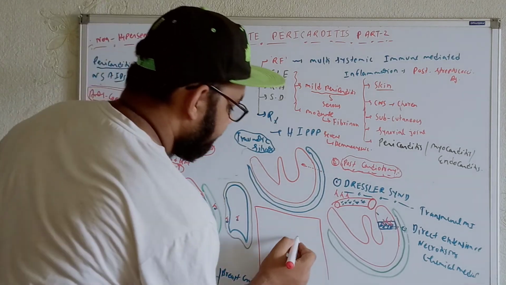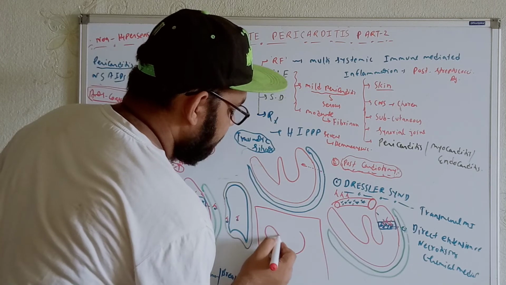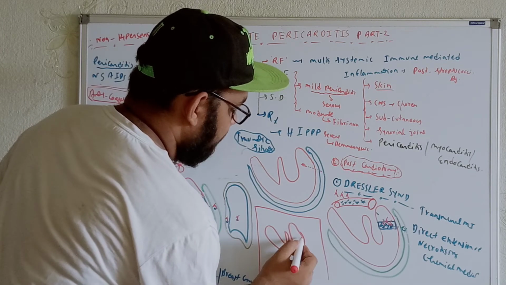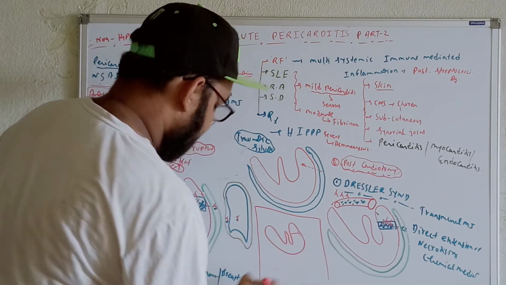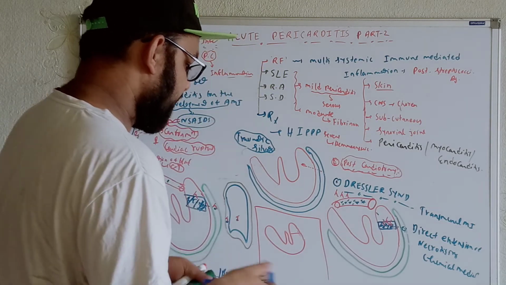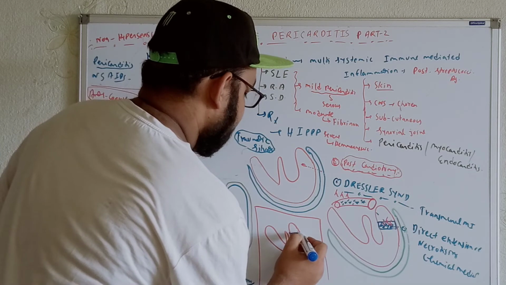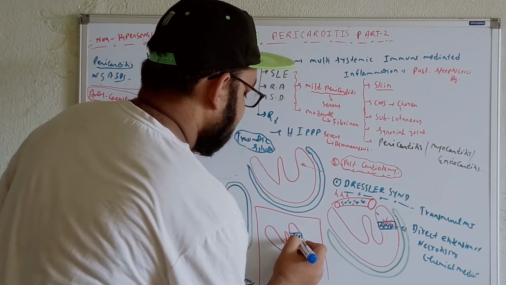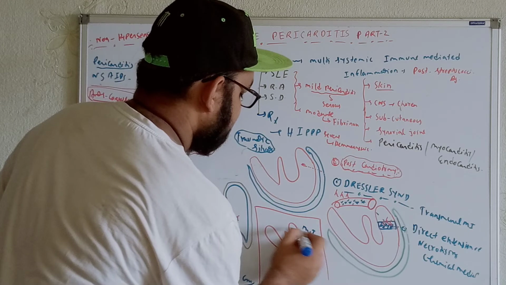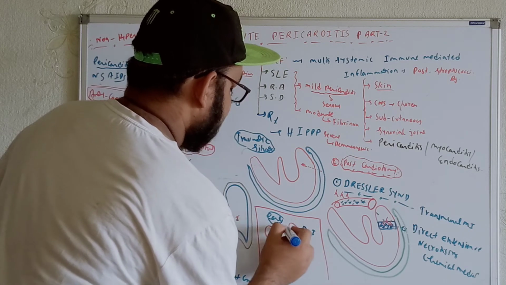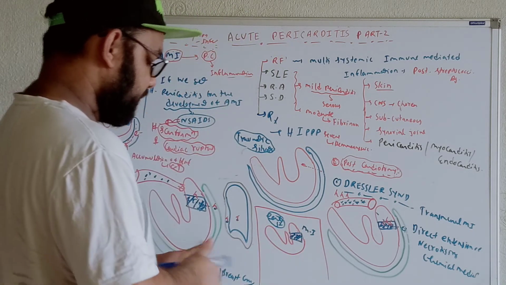So for example, an individual who has developed myocardial infarction over here in the early stage, at that time what we have to use, try to understand.